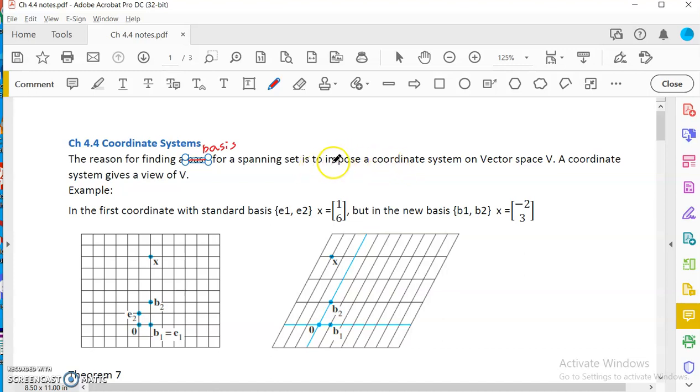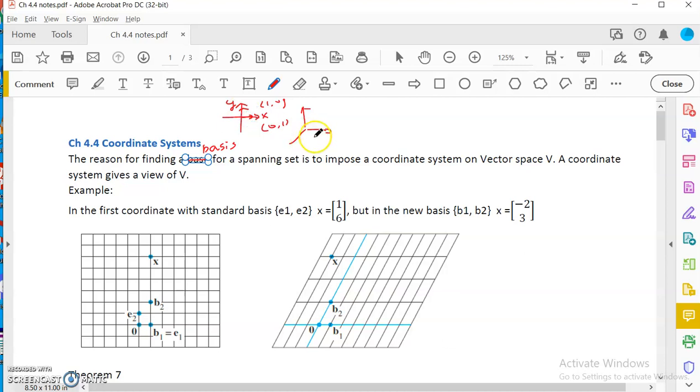What is a coordinate system? You should be aware of coordinate systems like the x-axis and y-axis, or in 3D, x and y and z. Because of that, we have bases of (1, 0) and (0, 1), which is E2.